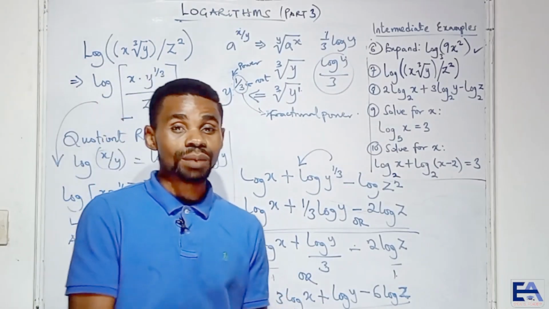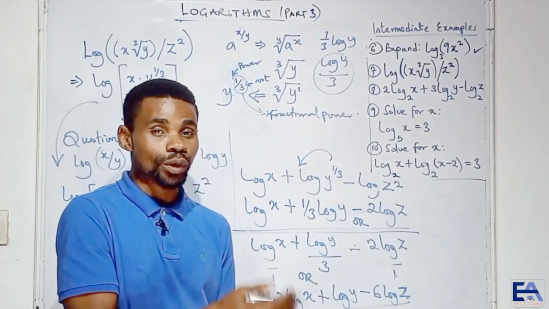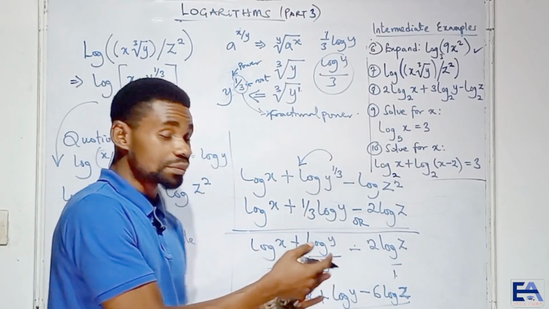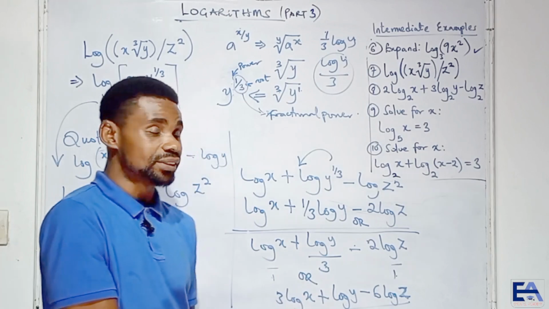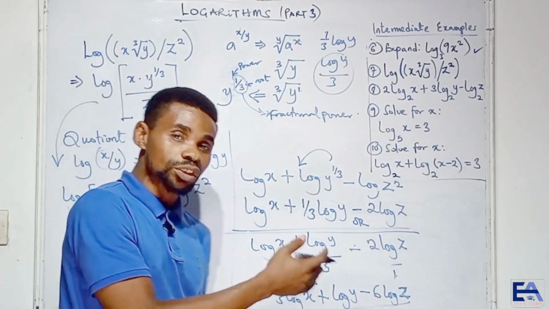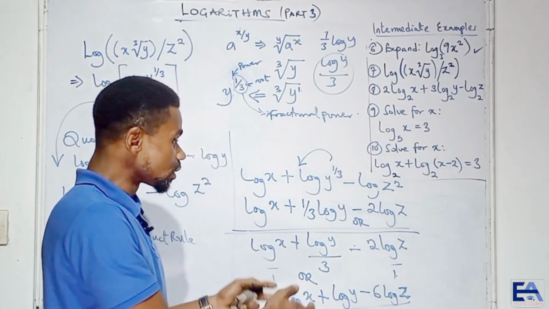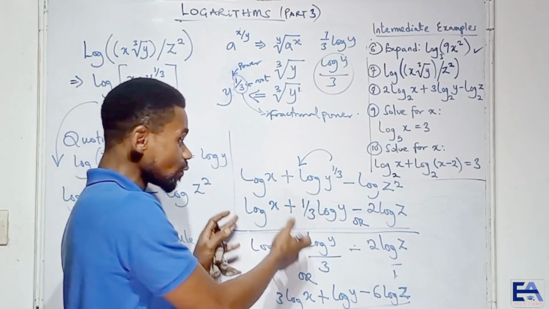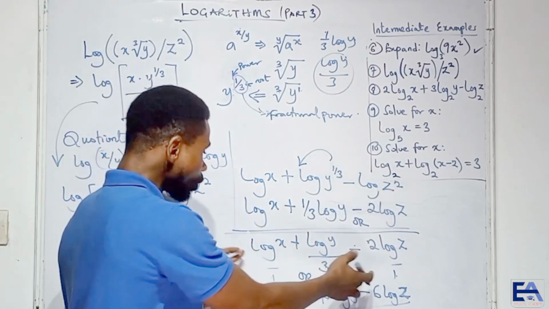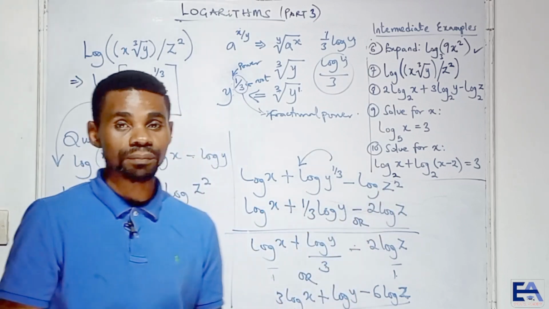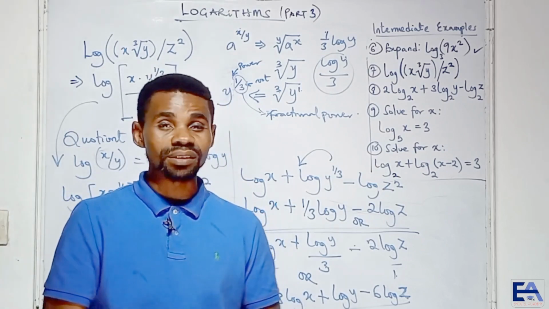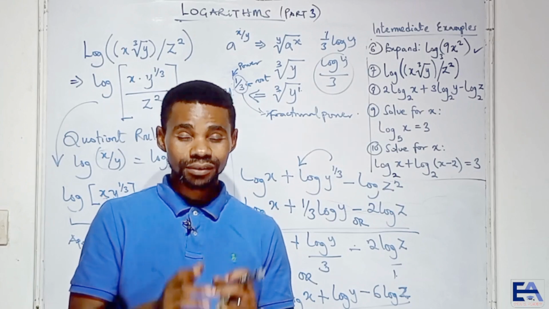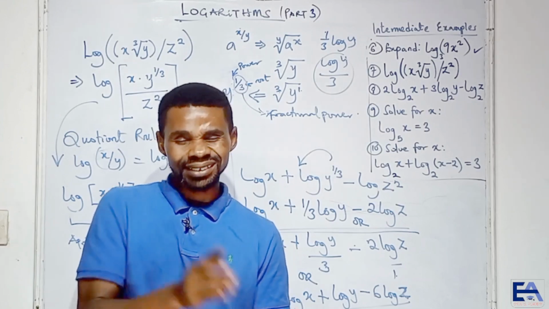Because it might be an objective question where you'll be given the question and be given different options for the answer. So just check out which option goes well with your answer. That is what will determine where you stop. You may choose to stop here if you find an option that goes with it, or you choose to stop here, or you choose to stop here. However the case may be, keep doing the right thing and you keep getting it right.